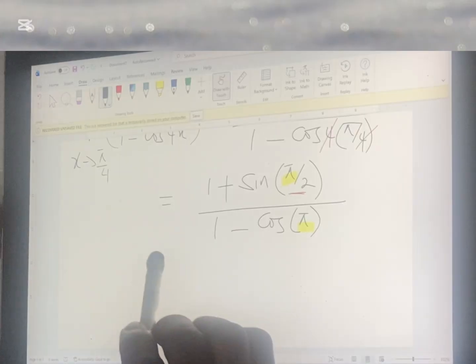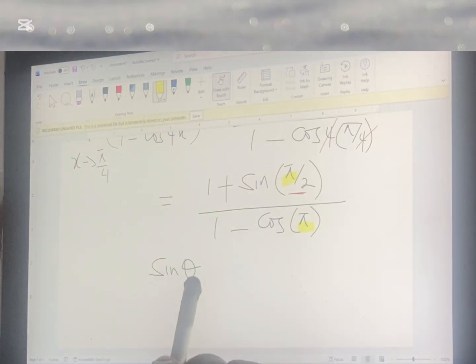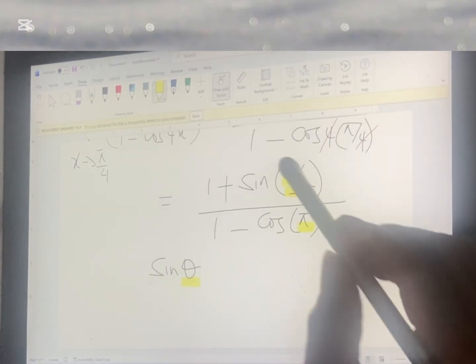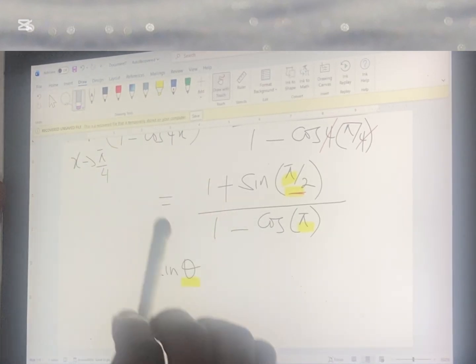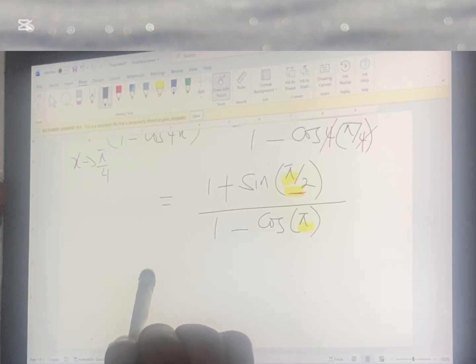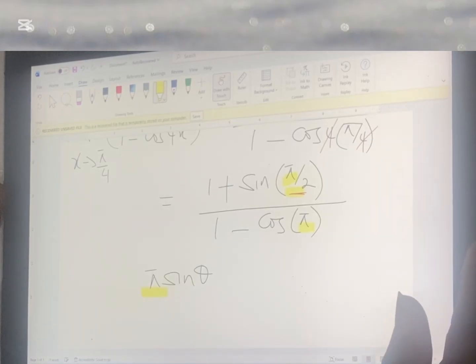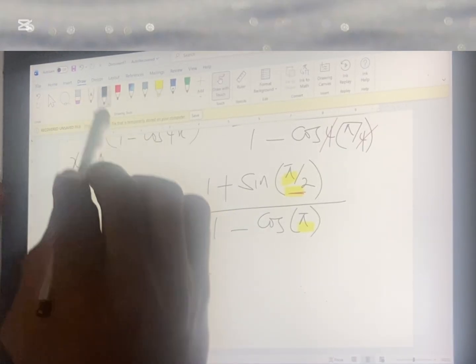If I have something like sine of theta, this stuff at the front of trig is an angle. That means the value of this pi will be 180. But if I have pi sine theta like this, the pi is not at the front of trig, so the value of this pi will be 3.142.